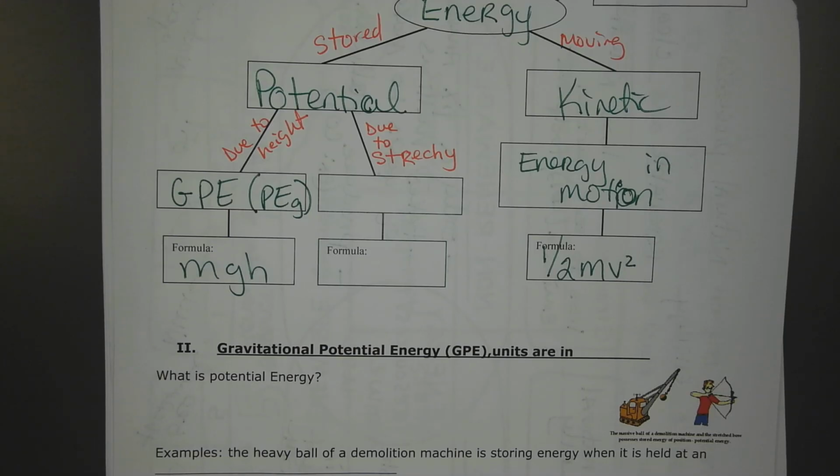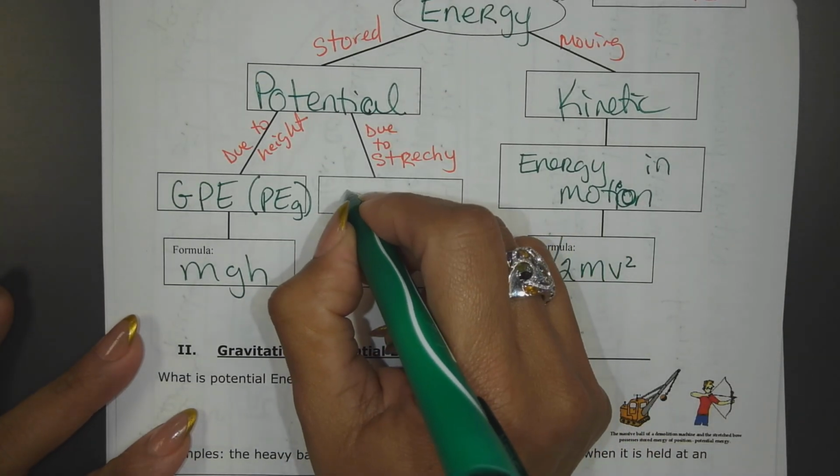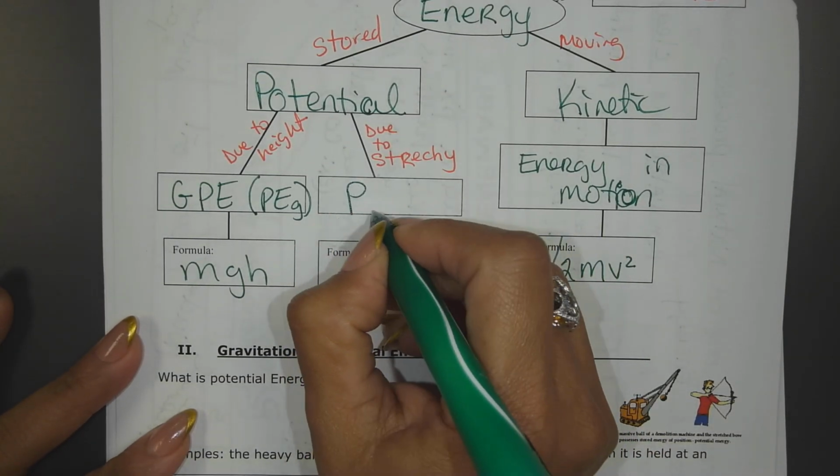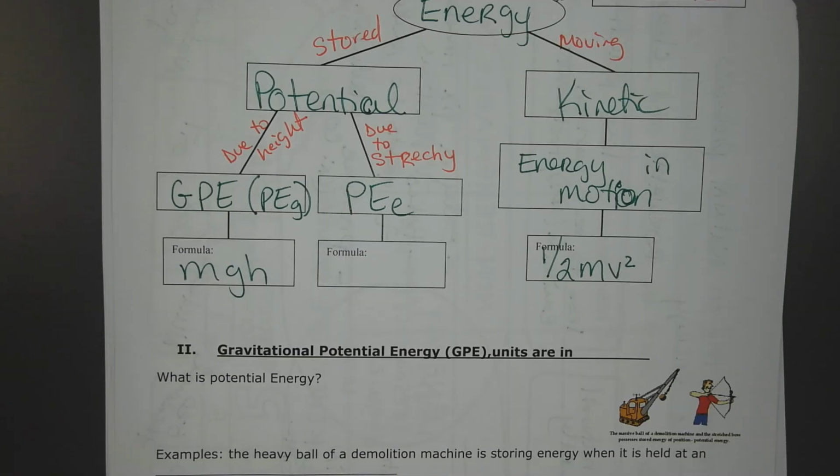Yeah, I think there is, stretch. I think I misspelled it. Oh, that's all right. Due to stretchy. Now, due to stretchy for us is called PEE. PEE stands for elastic potential energy. Now that makes sense. Due to stretchy.